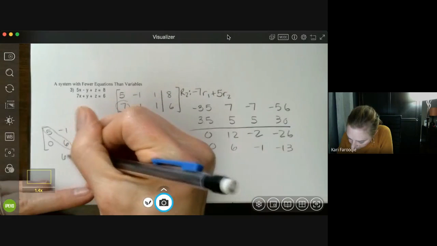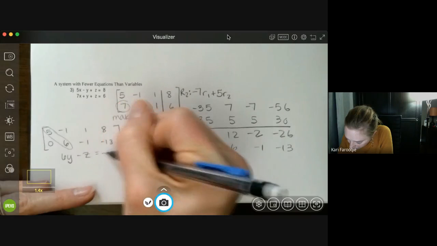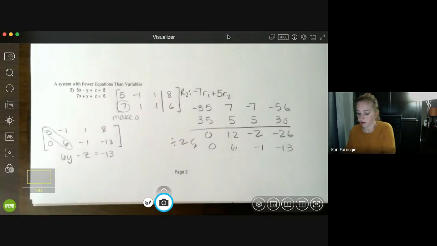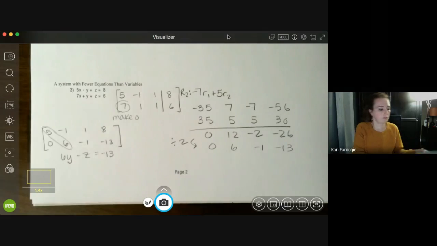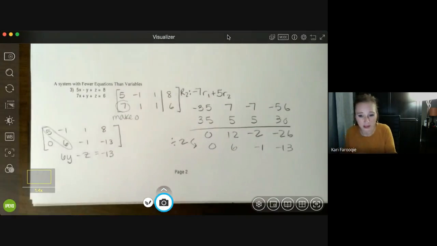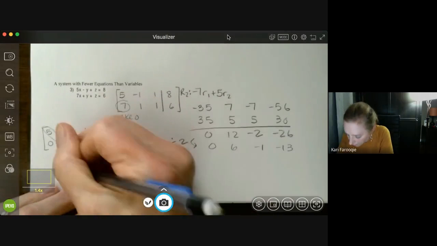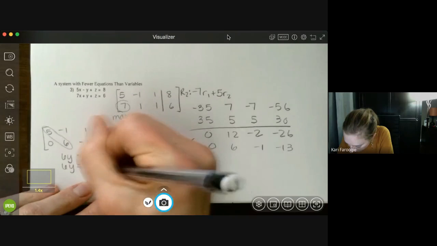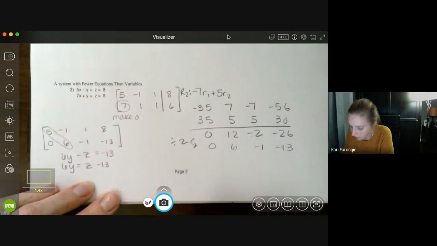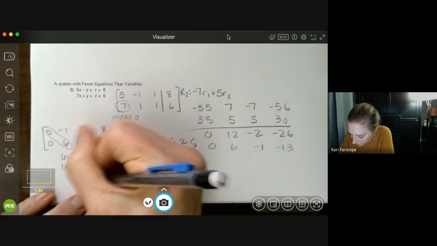So we have 6y minus z equals -13. And then you're going to go back and solve for that in terms of z. So you want to have y equals blah, blah, blah, z. So add z to both sides and then divide by 6.